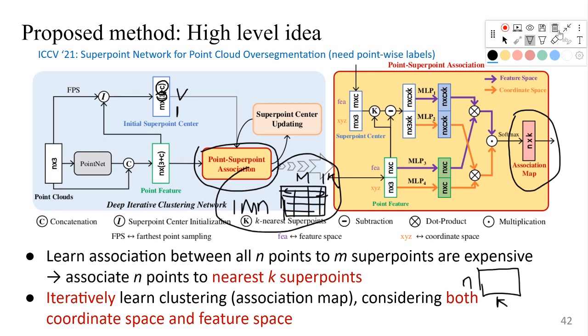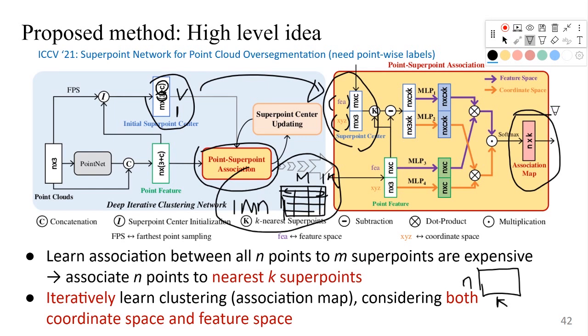After we get this initial association map, we use it to update the new centers. This is the center of superpoints in the XYZ coordinate, and this is the center in the feature space.